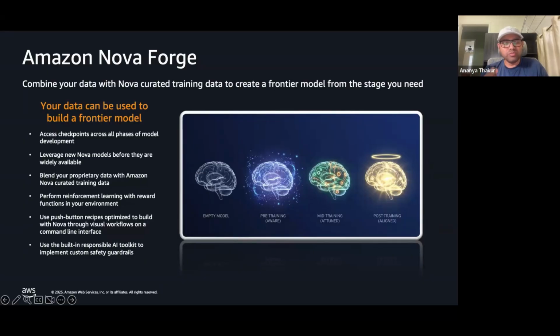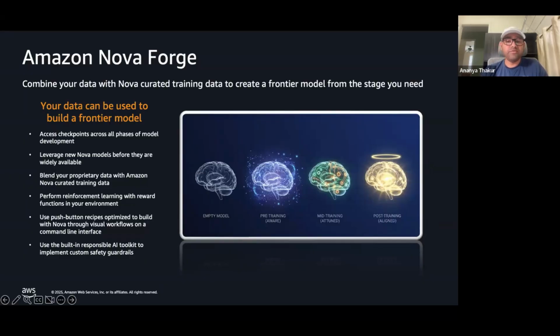You can do checkpointing in each of the pre-training, mid-training, and post-training phases. Then you can inject your enterprise data and the curated data that Amazon provides and build your own custom model, fine-tuned or however you build it, and then run it for your own business.